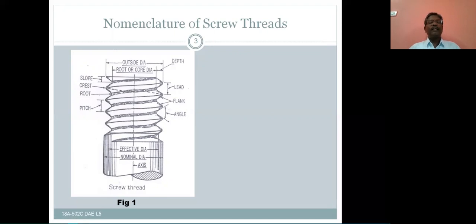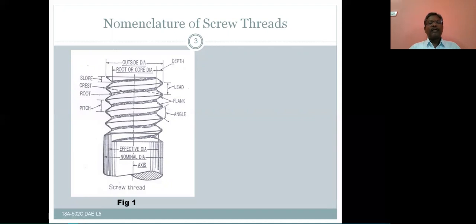Now let us see this part. This is the shank part, and from here to here is the threaded part. As you see, the material at this part is more, whereas at the threaded portion the material will be less.